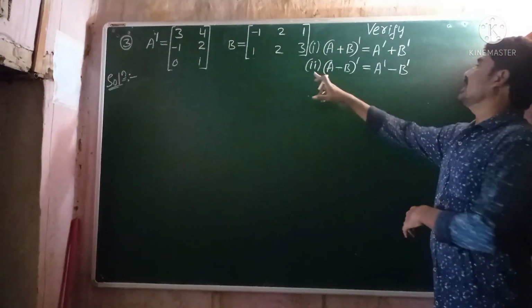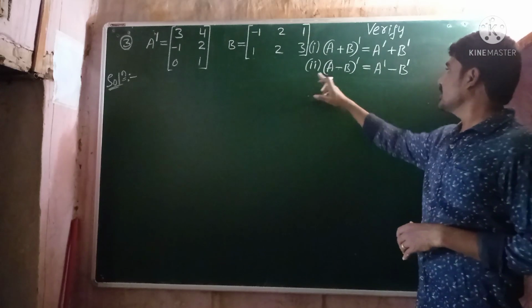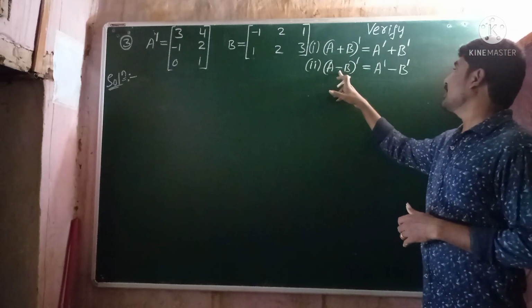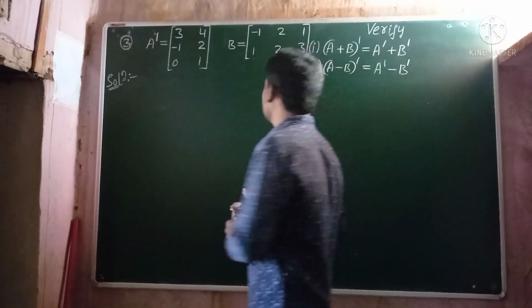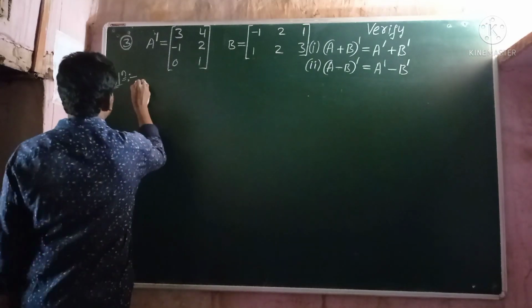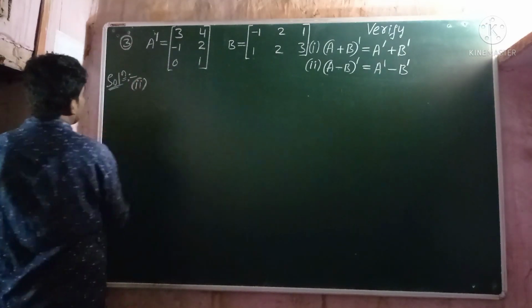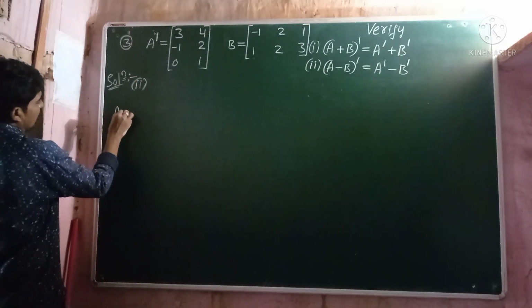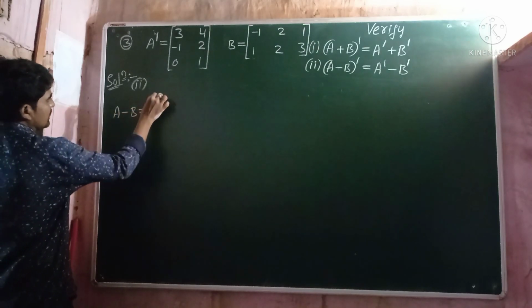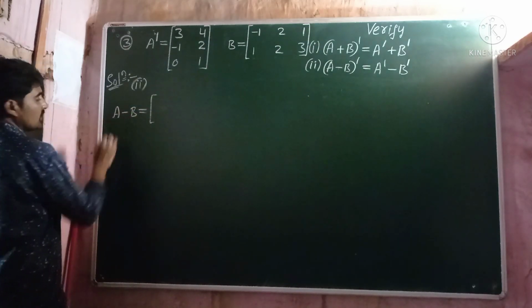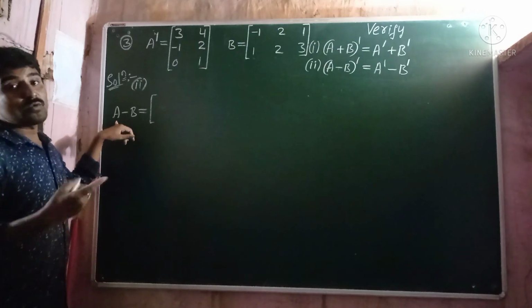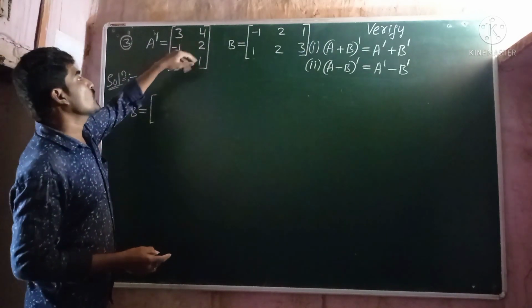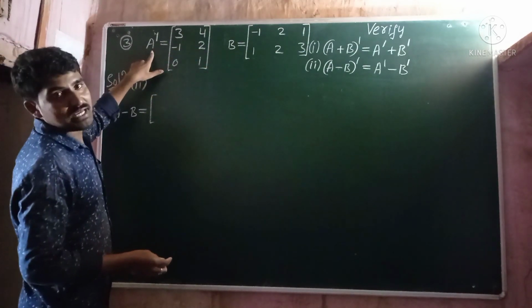Now, for verifying this second equation, first we need to find the matrix A minus B. So let's start the second one. Matrix A is obtained by interchanging rows and columns of the matrix A dash.